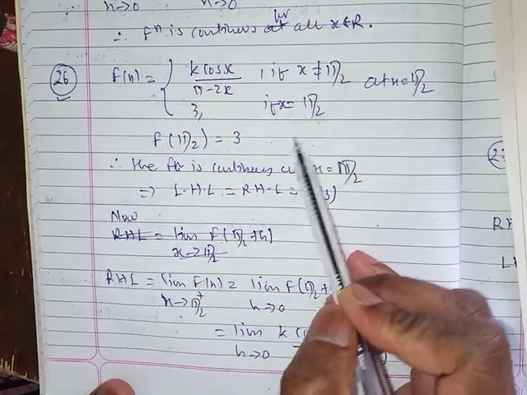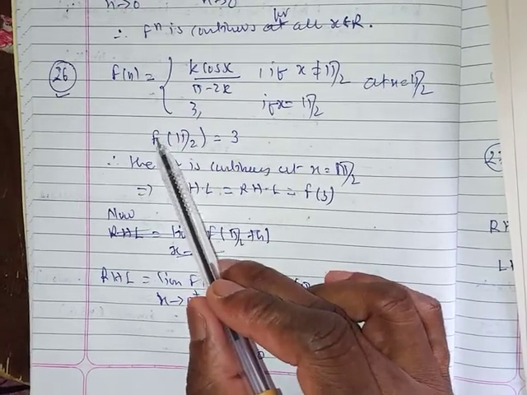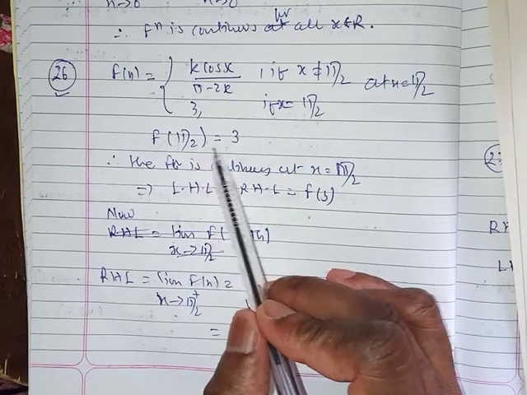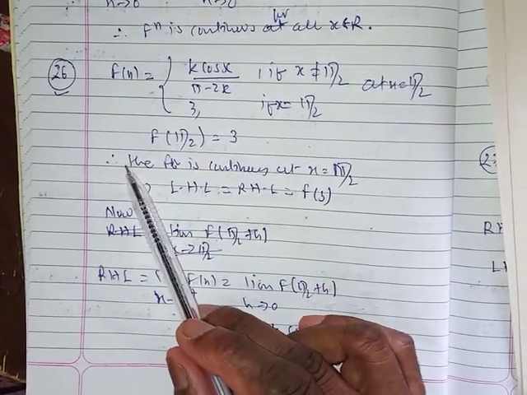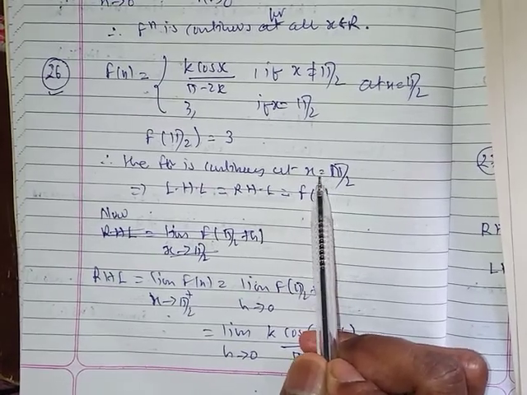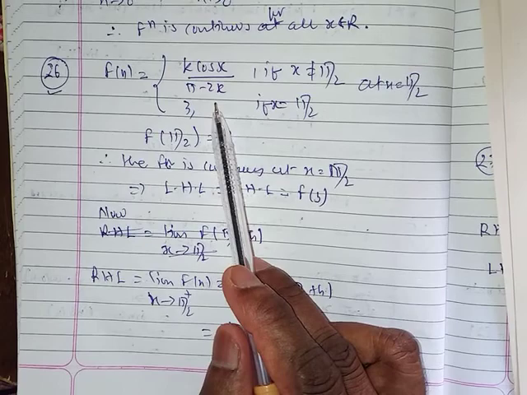That is given. Now f of pi by 2 is also given, f of pi by 2 is 3. What is given here is that the function is continuous at x is equal to pi by 2. What do we mean by continuous?